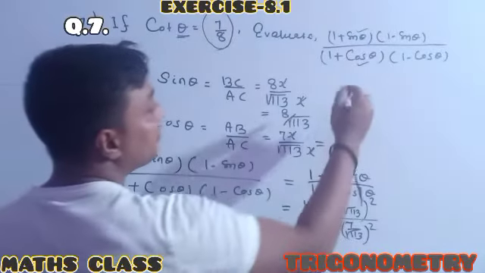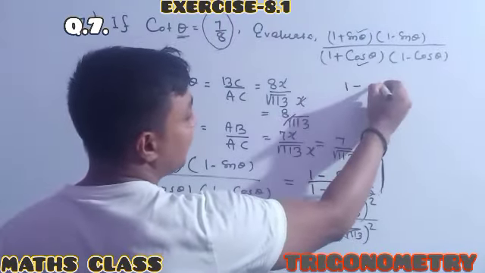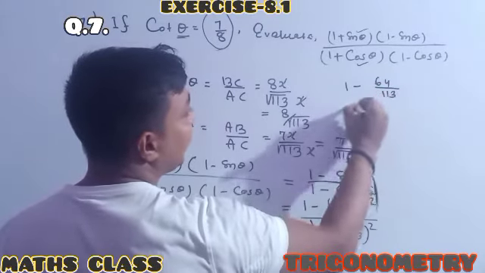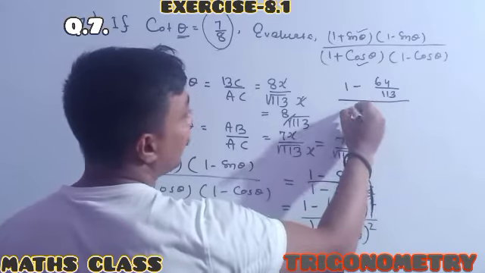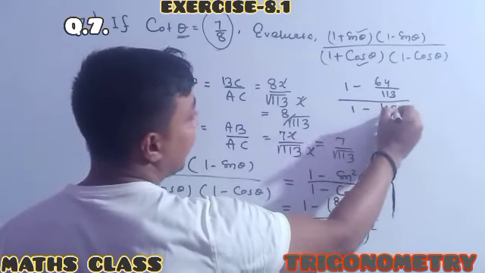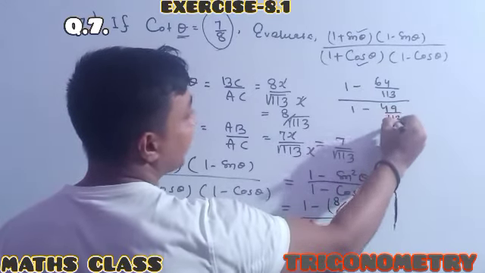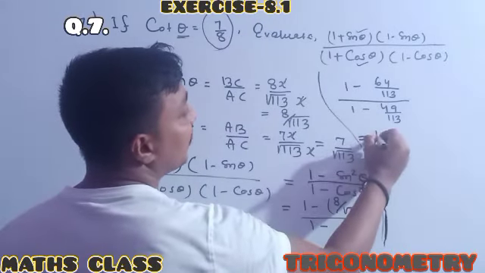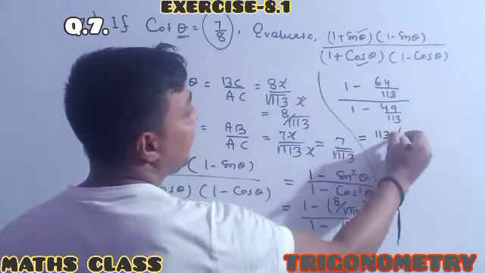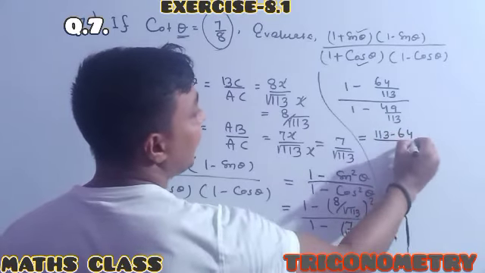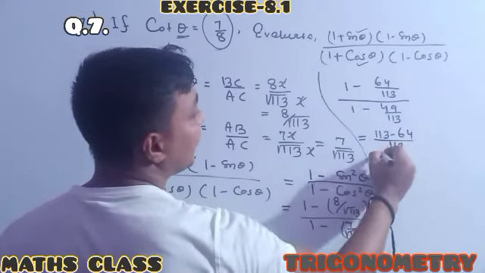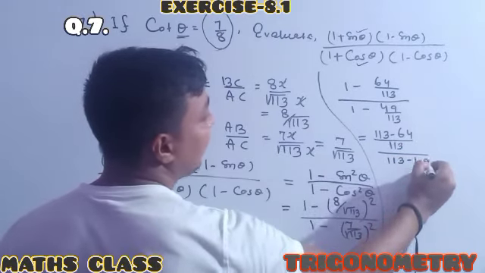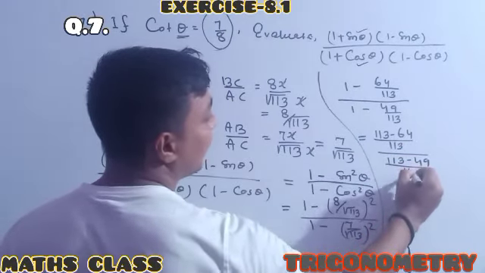Which is 1 minus 64 divided by 113, divided by 1 minus 49 divided by 113, which is 113 minus 64 divided by 113, divided by 113 minus 49 divided by 113.